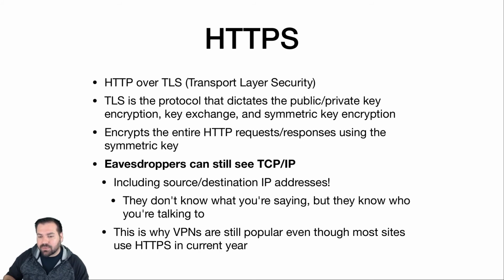So if they were sitting right outside of the VPN and they could see information coming in from your IP address and then something coming out of the VPN going to a specific server, then they could infer that that's you. But they have to be positioned close enough to the VPN to see both the incoming and outgoing packets.